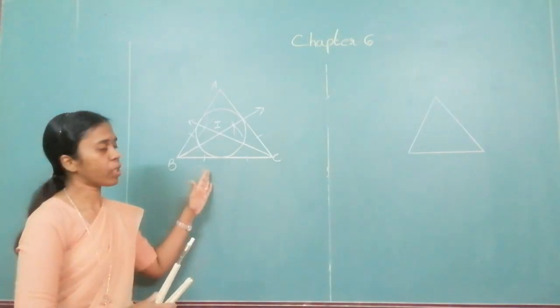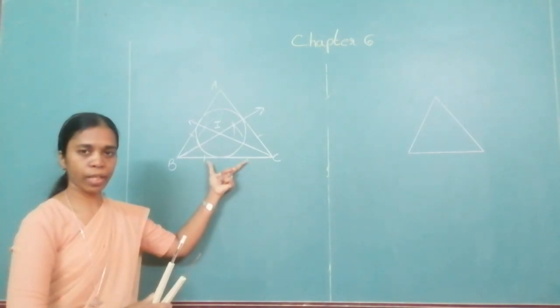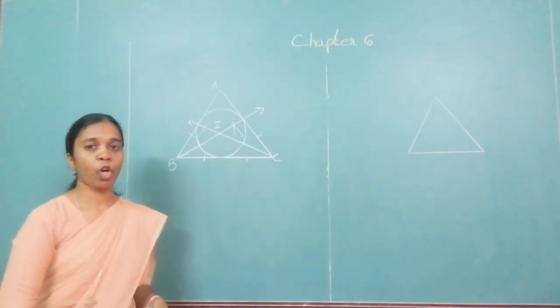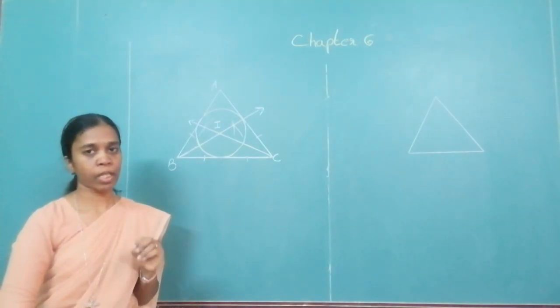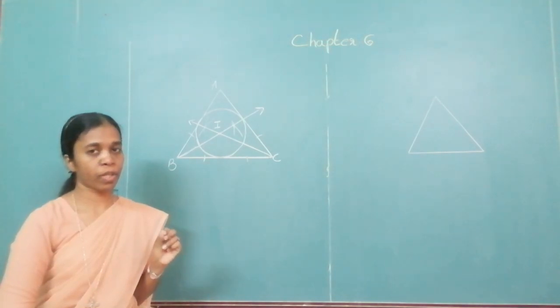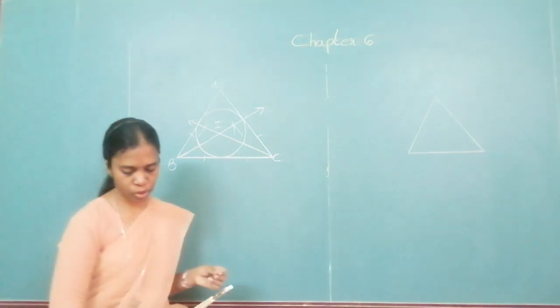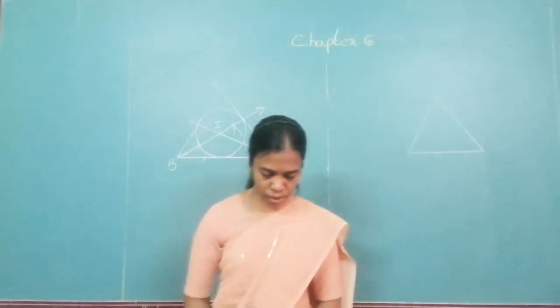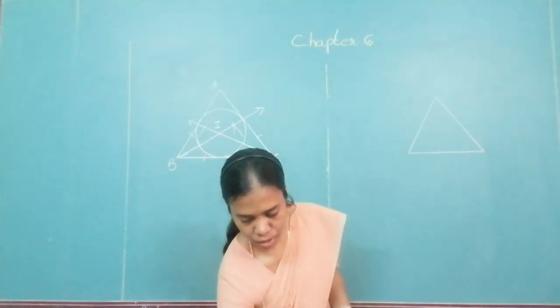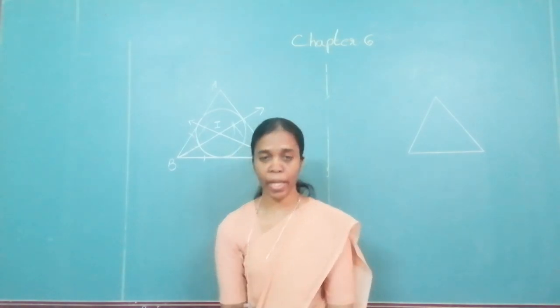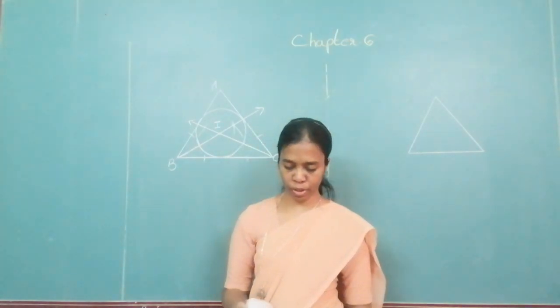Now, this is an acute angle triangle. You also have to try an obtuse angle triangle and a right angle triangle and see where the incenter lies. Okay. So take your practice set 6.3.